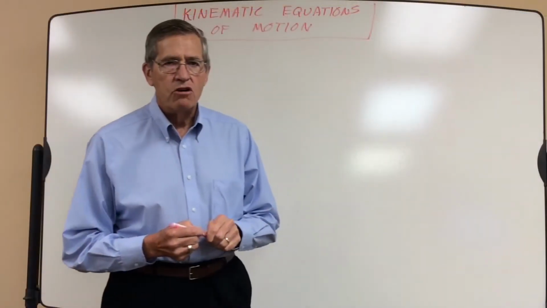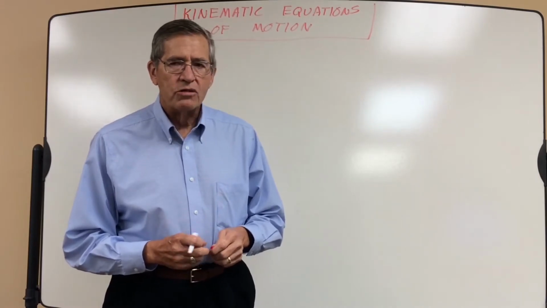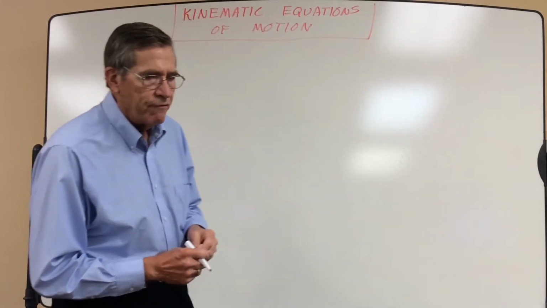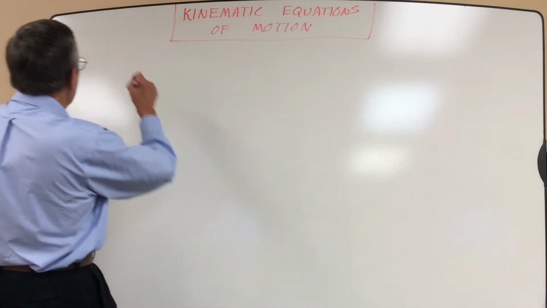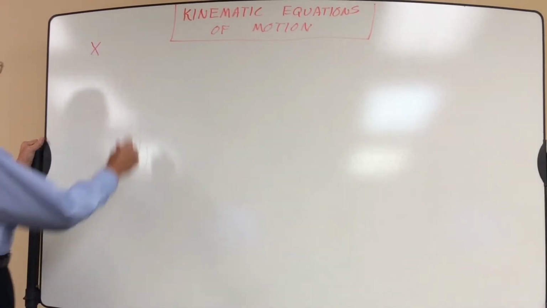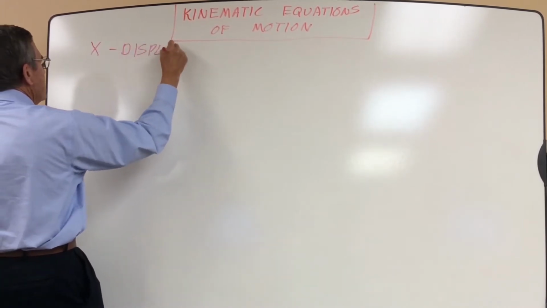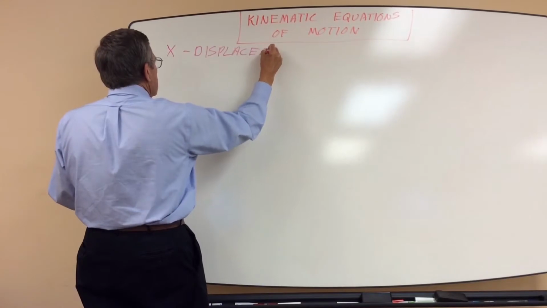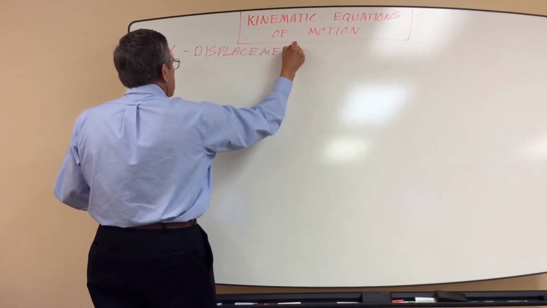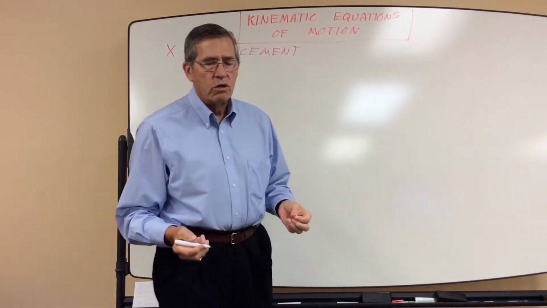When we talk about motion, there are basically four variables that we need to address. The first is displacement, which is symbolized by the variable x, and we'll write that down, displacement. Now, you might think, well, why don't you just use the word distance?